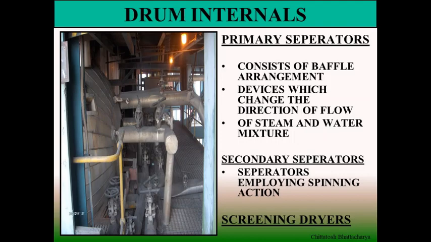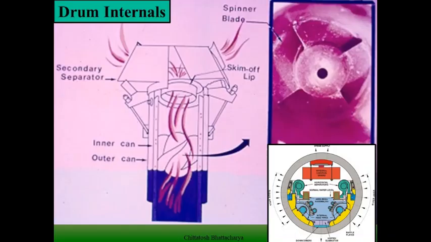These cyclone separators have spinner blades and two concentric barrels covered with secondary separators, and these secondary separators are placed at the top of the barrel. When the water-steam mixture comes within this separating arrangement, a centrifugal force is created which gives a spinning action as it passes through the spinner blades.